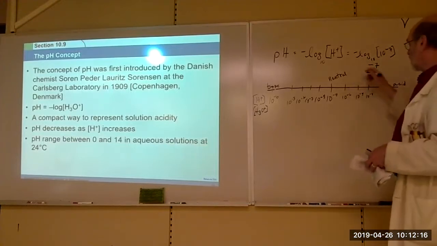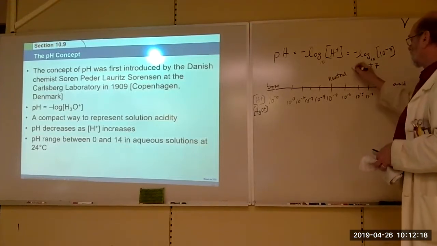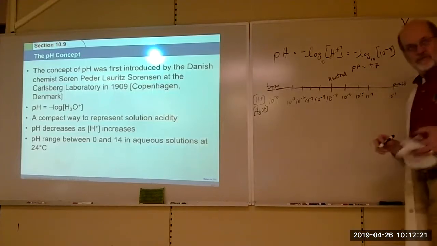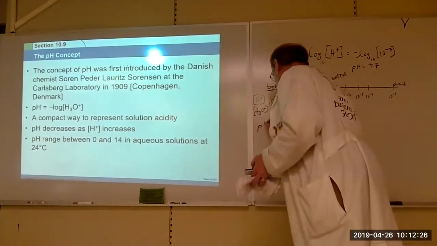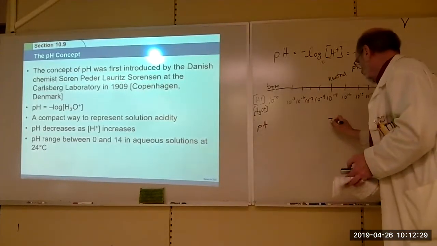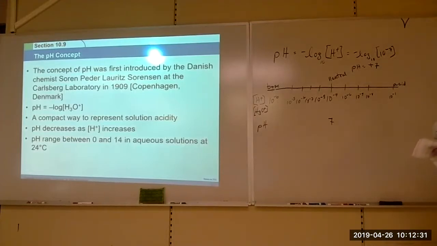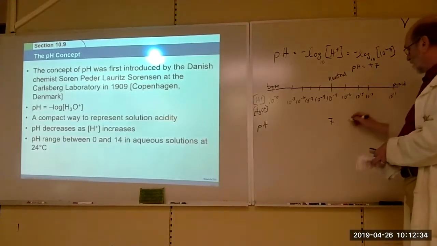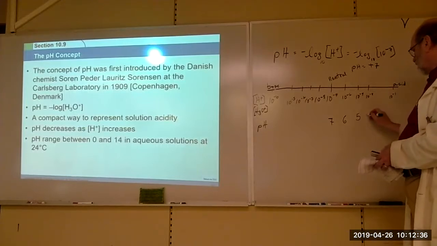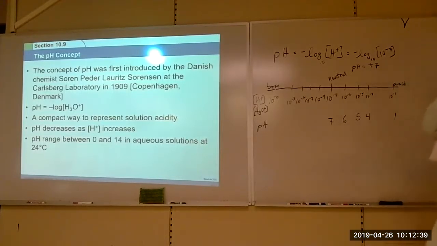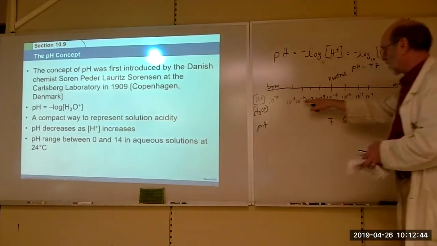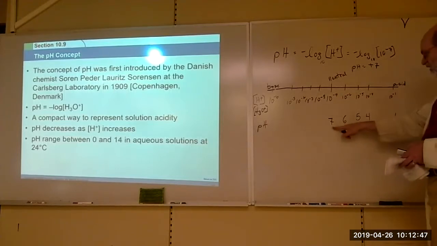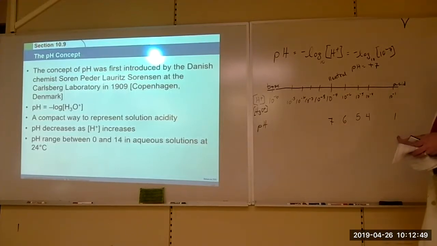So he just stuck a negative out here. So that makes it positive. So in this case, pH is equal to 7. So if we do 10 to the minus 6, this one will be 6, 5, 4, all the way down to 1. So the point is, as the hydrogen ion concentration increases, the pH decreases. A smaller number for pH means more acid.